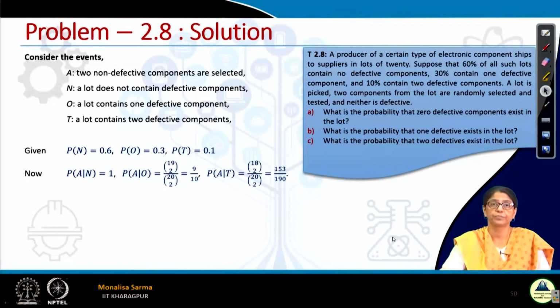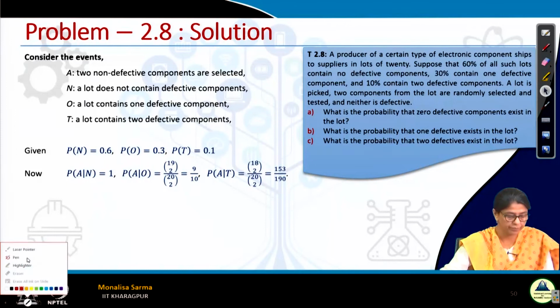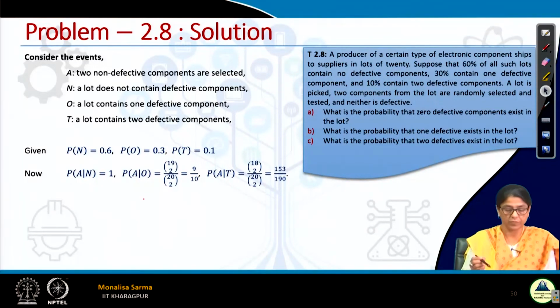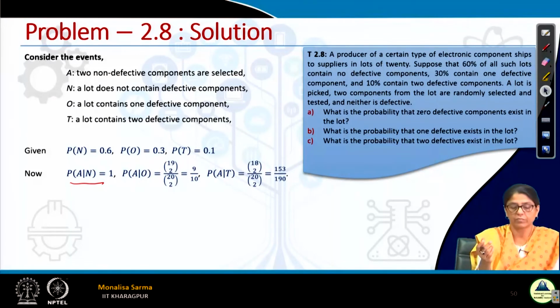What is probability of A given n? Probability of A given n means, given that the lot contains no defective component, what is the probability that I have picked up two non-defective components?